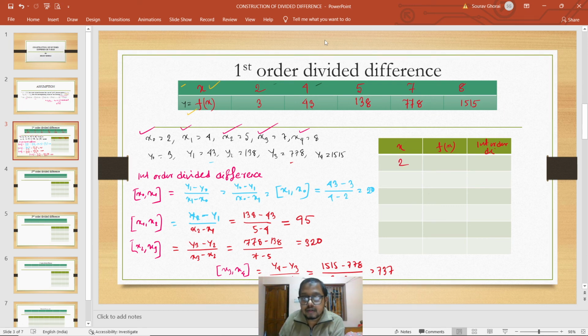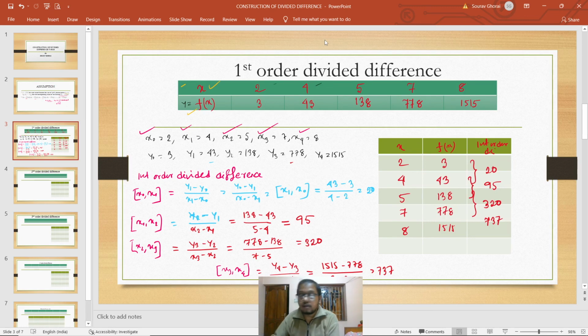Here you just write the values: the value of x, and the values of the first divided difference, which are 20, then between 43 and 138 it is 95, between 138 and 778 it is 320, and the last one is 737.